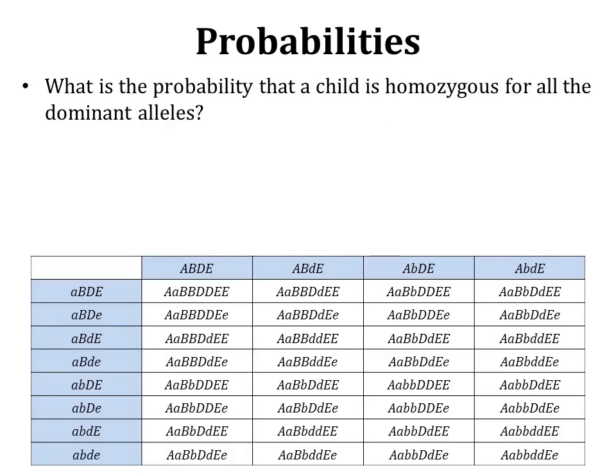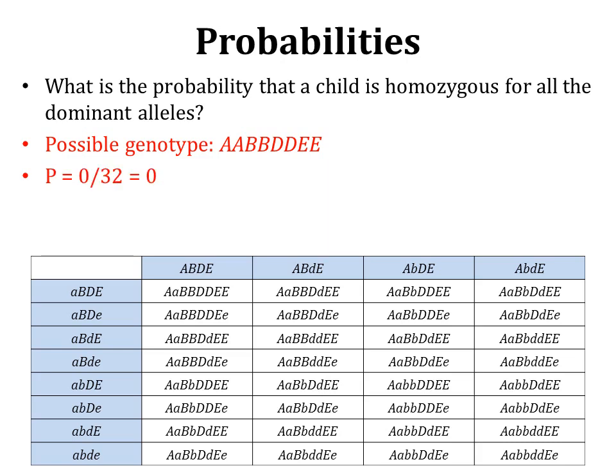Starting from question number 1, what is the probability that a child is homozygous for all the dominant alleles? The possible genotype for this type of child is only 1. Why? Because all of the genes are supposed to be homozygous for the dominant alleles. So this is a possible genotype. Probability is 0 by 32.